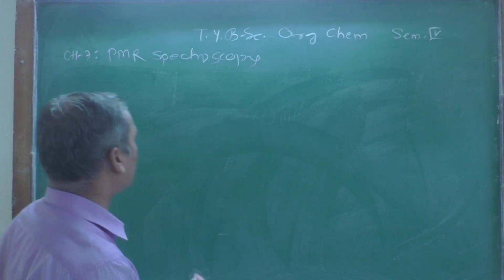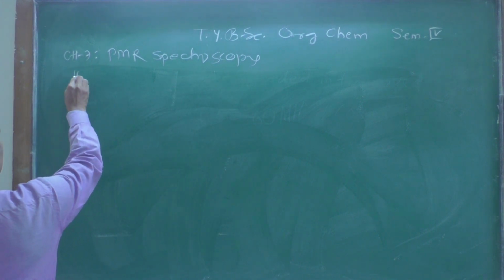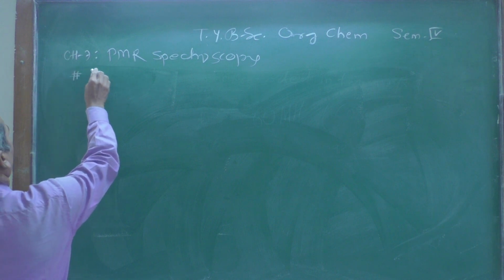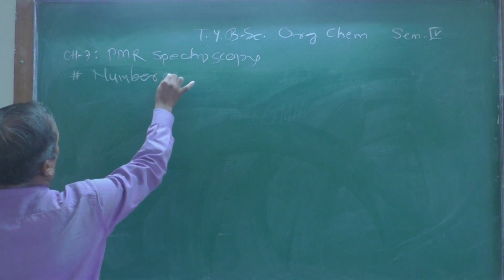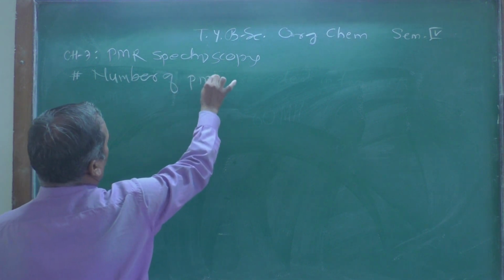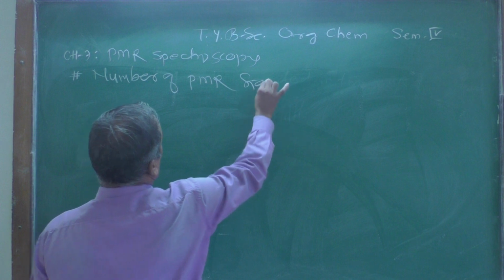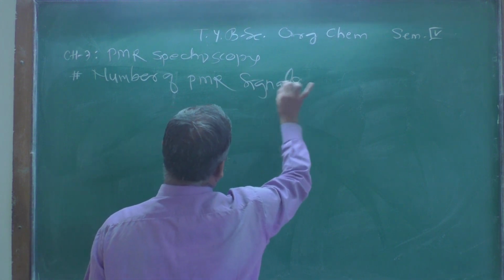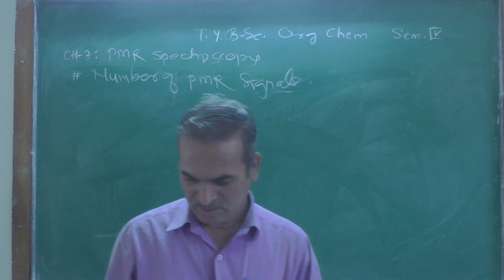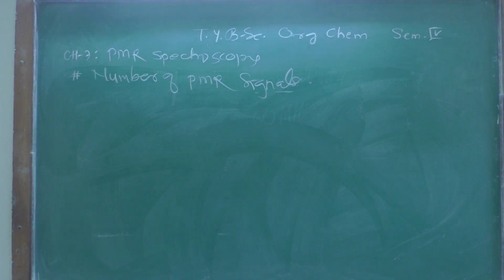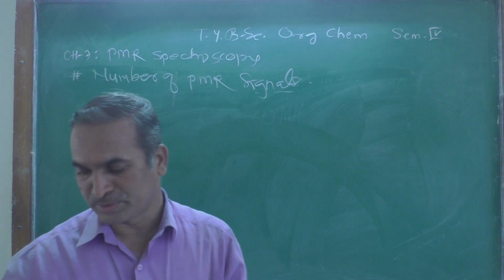Number of PMR signals. This is a very good point. Number of PMR signals, or we can call it peaks or bands. So these are the points which we are going to discuss over here.